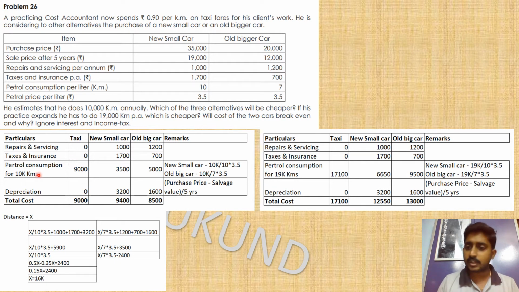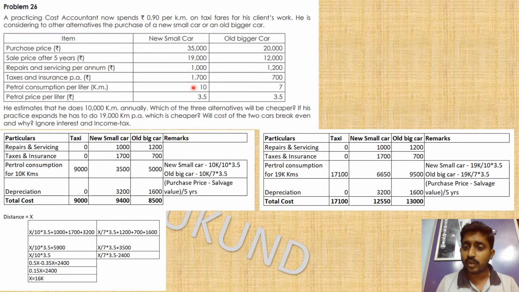Next is the petrol consumption, which is the major consumption. It is said that the taxi fare is 0.9 rupees per kilometer. So 0.9 per kilometer for 10,000 kilometers, 0.9 into 10,000 becomes 9,000 rupees. Next, if we are owning our new small car, a new small car will go 10 kilometers in 1 liter.